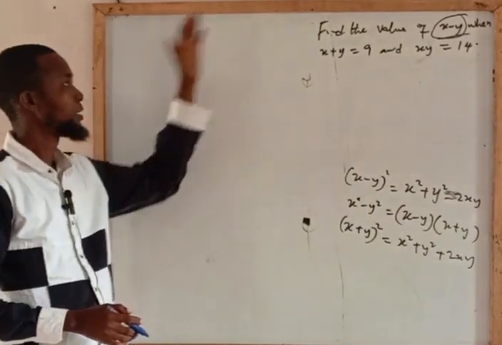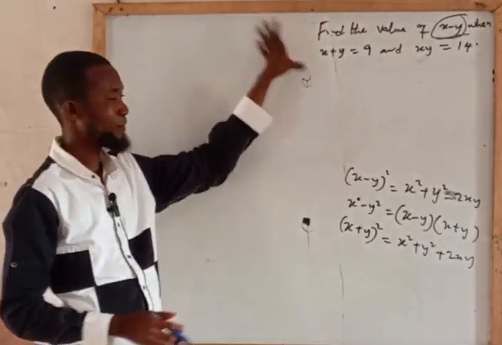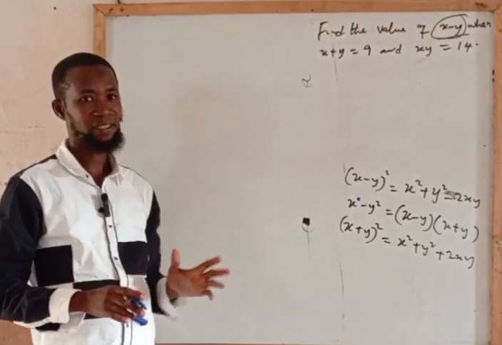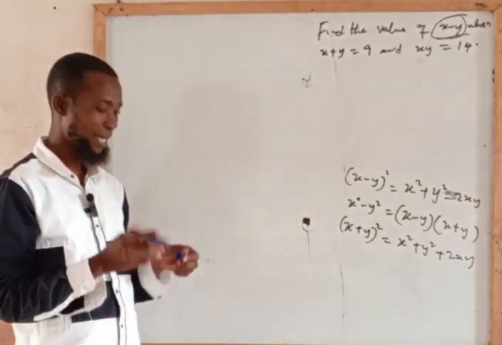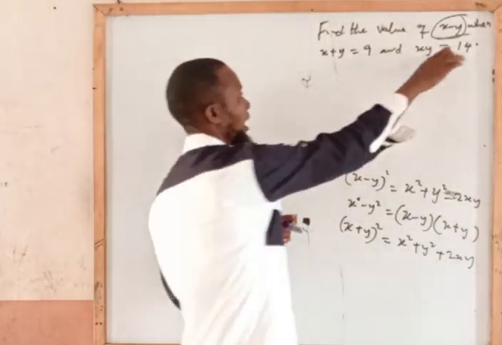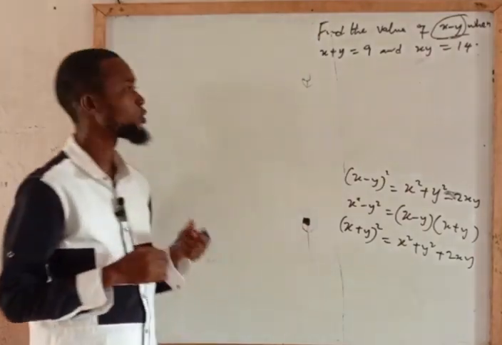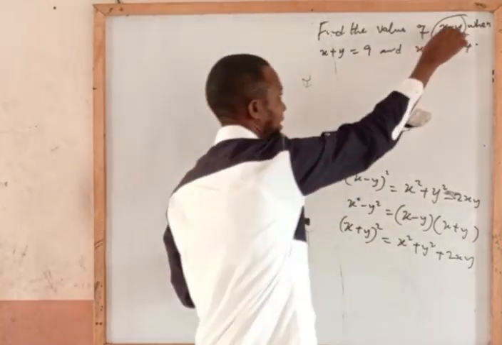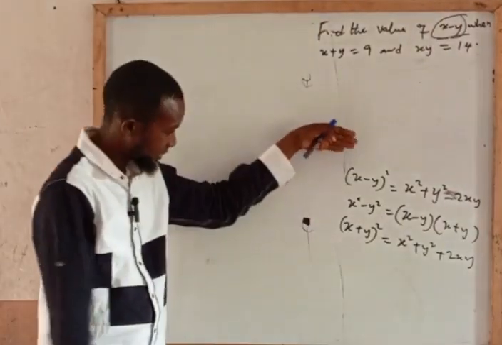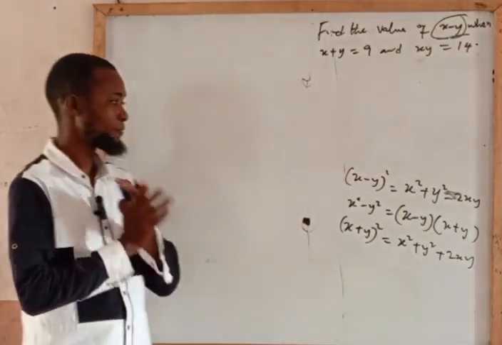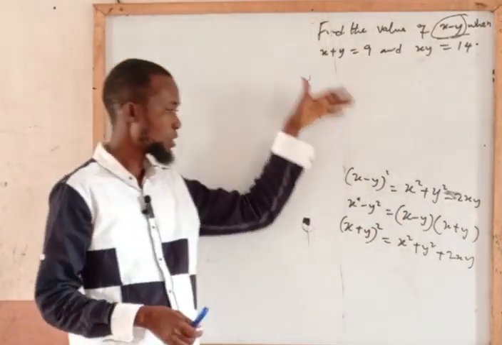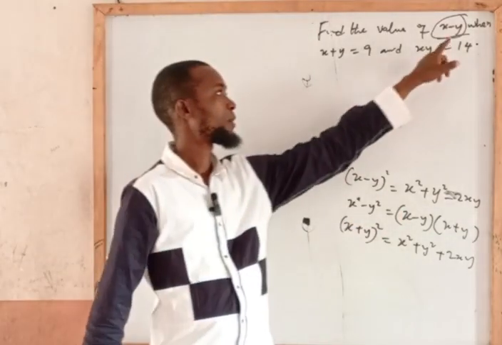And remember, I want to apply identity in dealing with this. This is what I'm asked to find, so which identity do you think will be used in getting this? These are the list of the identities which we have been given so far, so one of these three has to be used in finding this.